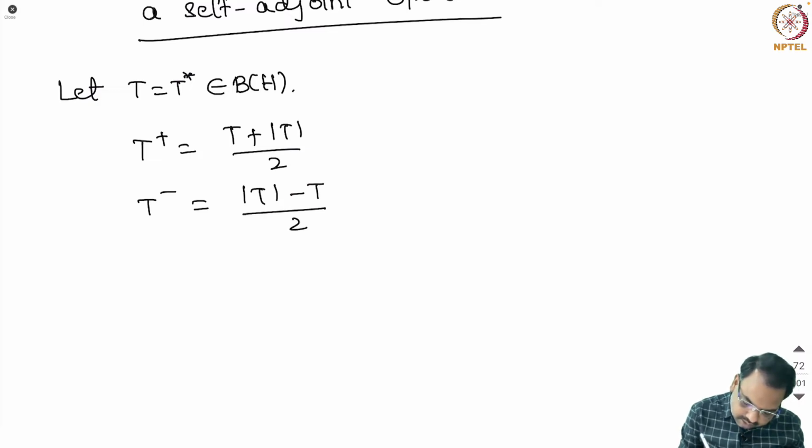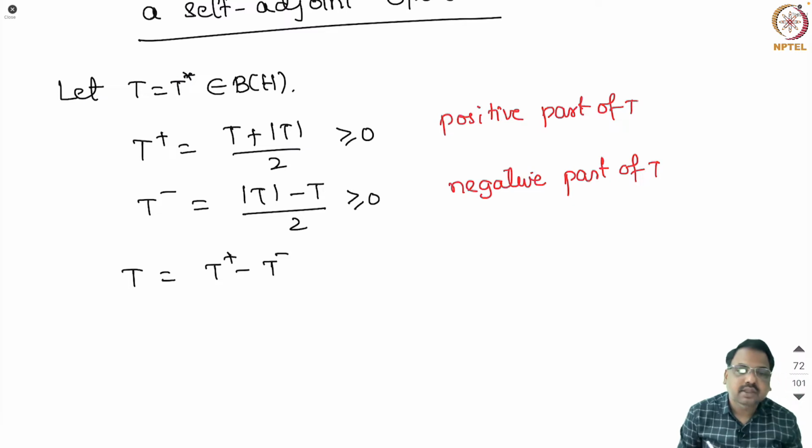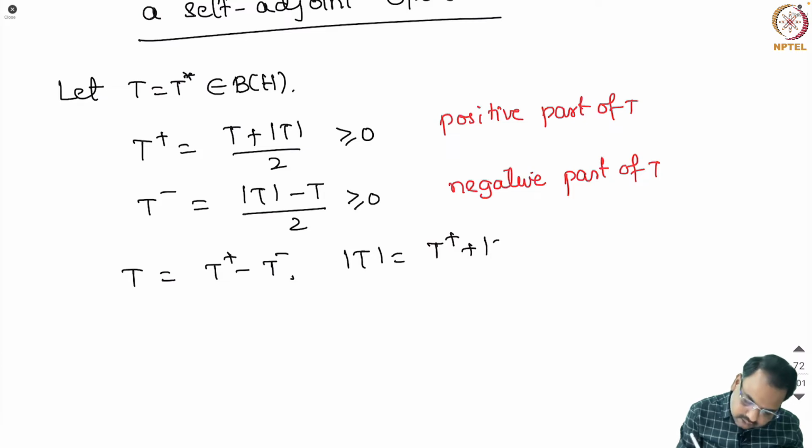We have shown that this is positive, this is also positive, and we call this the positive part and this the negative part of T. We have shown that T can be written as T plus minus T minus, and mod T is T plus plus T minus, and T plus into T minus is 0, that is, T minus into T plus.